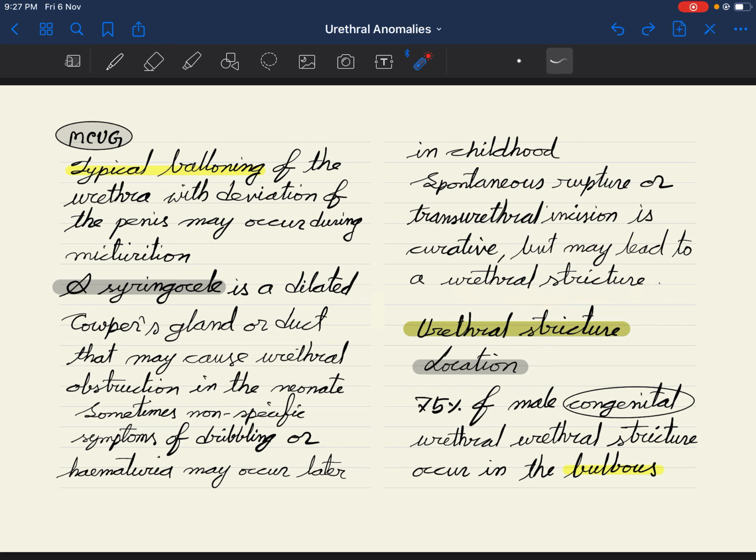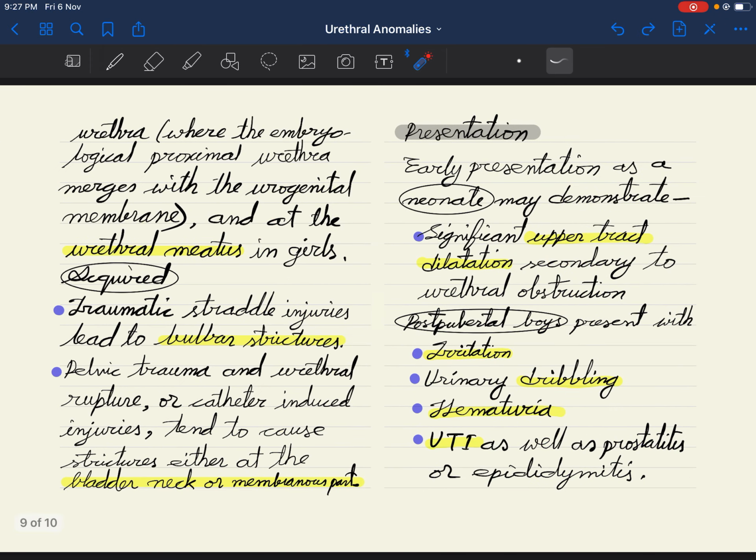Urethral stricture, where is it located? 75% of male congenital urethral strictures occur in the bulbous part of the urethra. It is the region where the embryological proximal urethra merges with the urogenital membrane, and at the urethral meatus in the case of girls.